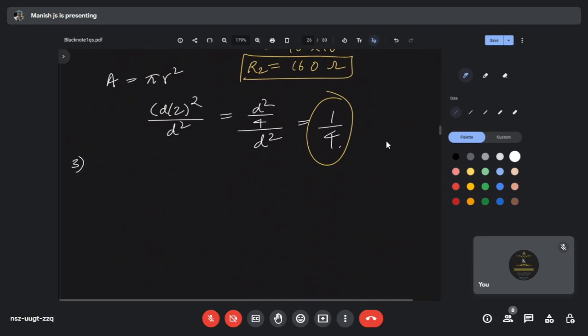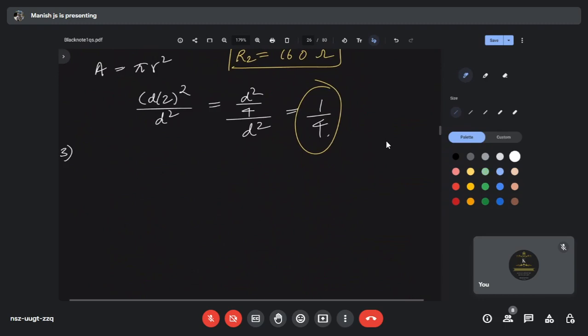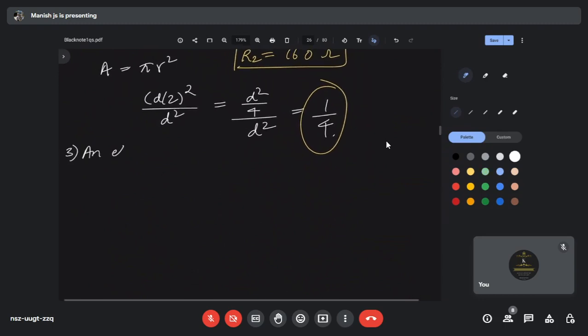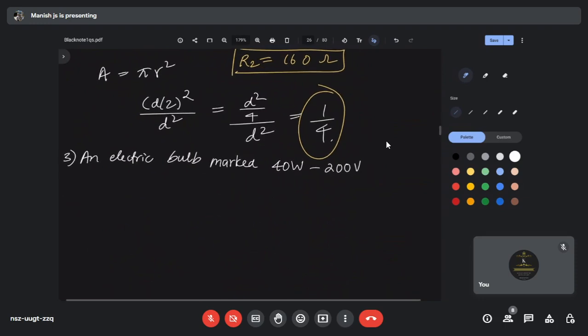So next. An electric bulb marked 40 watts, 200 volts. So power is 40 watts, potential is 200 volts.